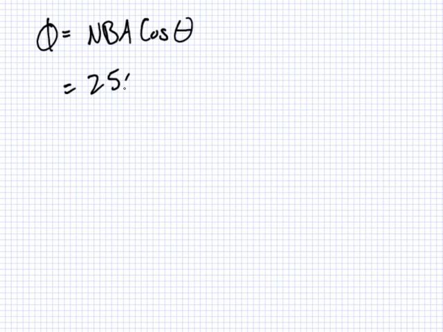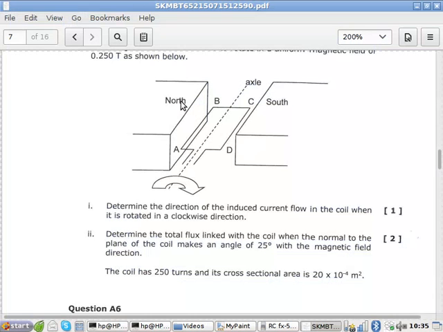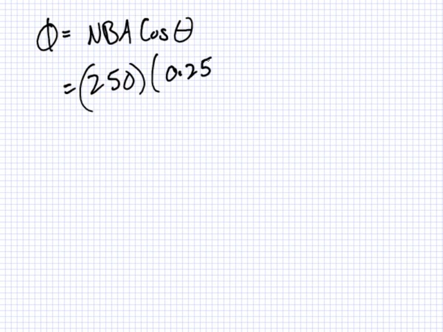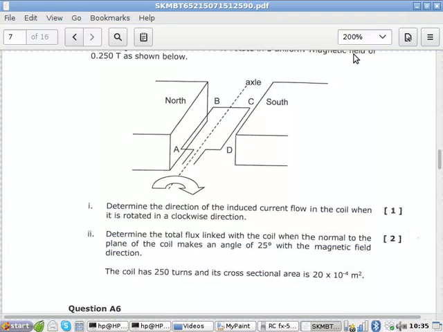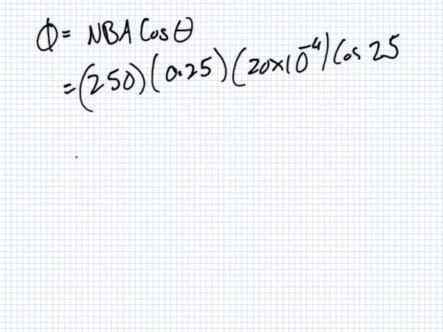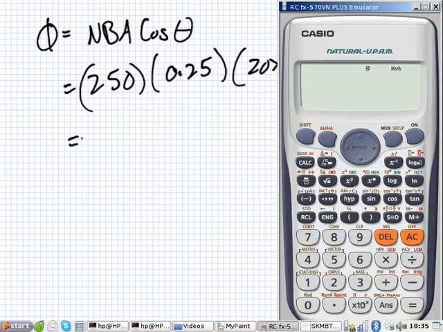And it's cos 25. And let's crunch that out. 250 times 0.250 times 20 times 10 to the power of minus 4 times cos 25 and 0.113 or 113 milliwebers.